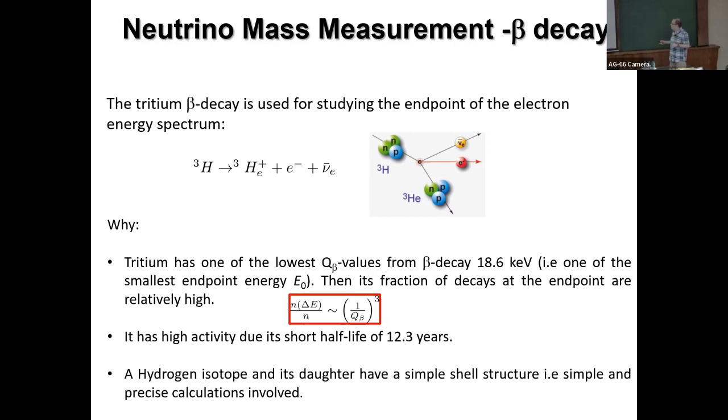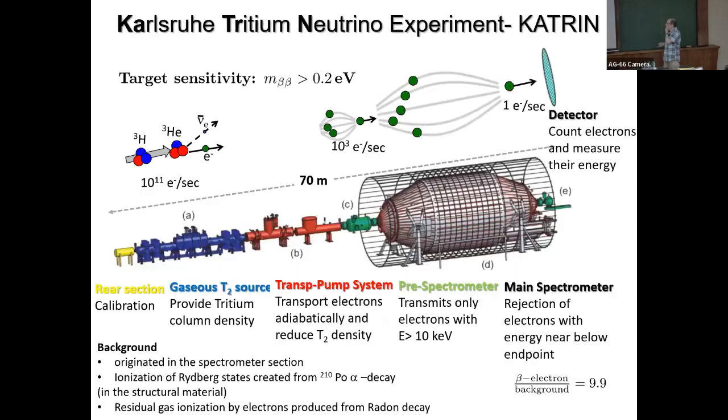Why? Because the fraction of the decays at the endpoint is proportional to 1 over Q beta cubed. So this is one advantage. The other is the high activity. Finally, the hydrogen isotope and its daughters have no complex structure, so theoretically the calculations are relatively simple.